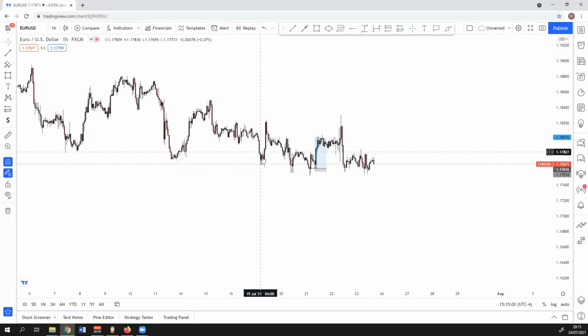Now, the move down happened. Price goes back violently to clear what we call interest above this high, or liquidity above that high, and it clears that very violently and repeats the same behavior here.